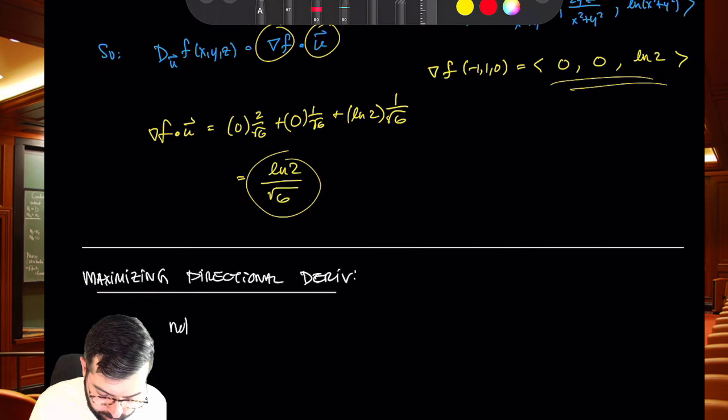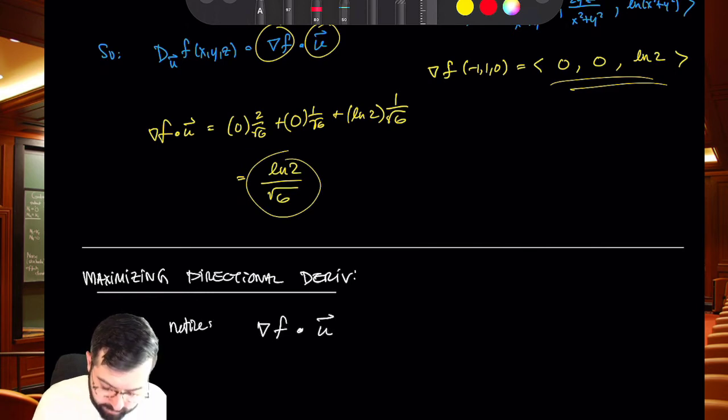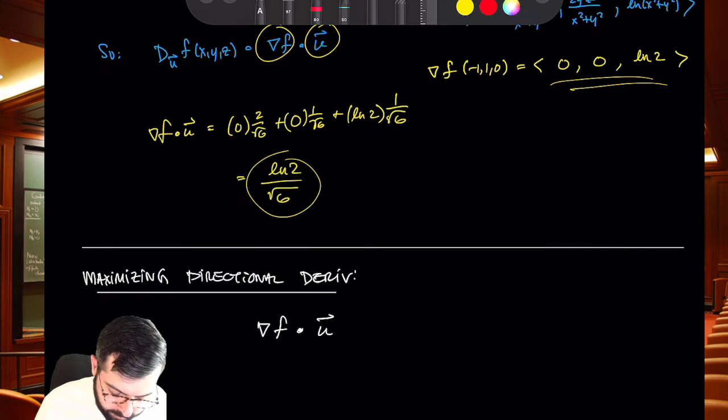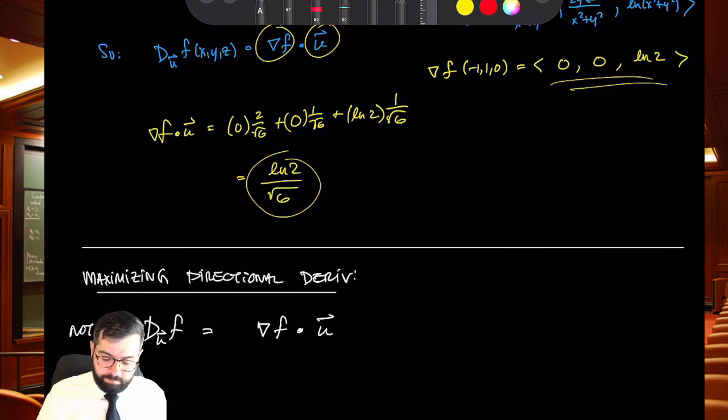Well, this is the directional derivative, the derivative in the direction of u of our function, I'll just say f for now, so we can leave it coordinate unspecific, general. It's a dot product of the gradient with u.